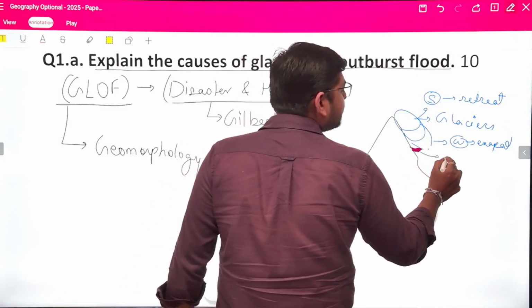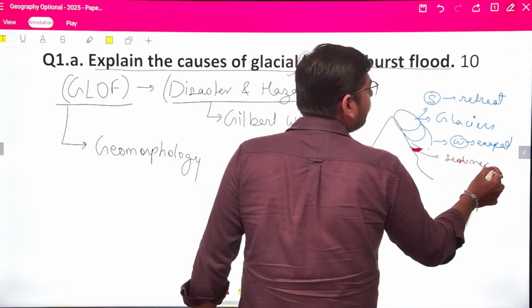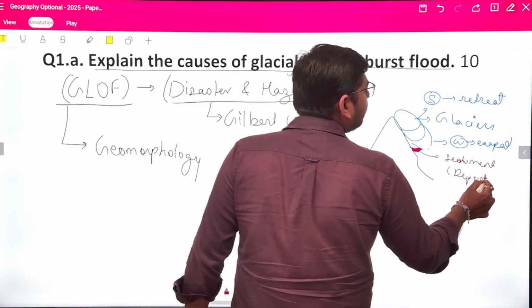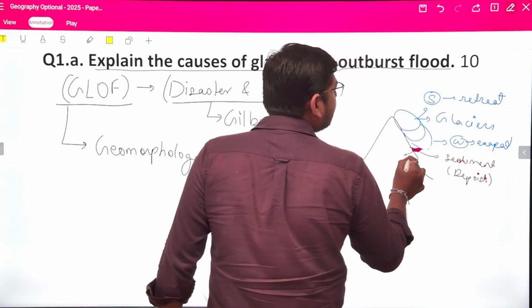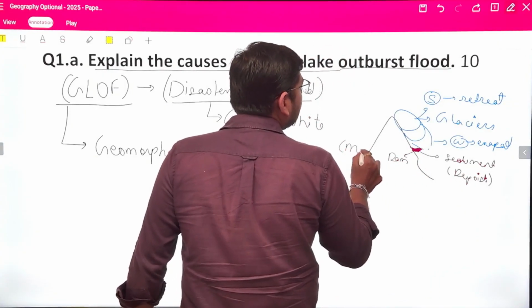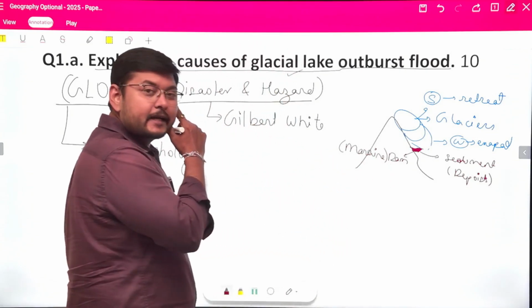This accumulation of sediment, which gets deposited here, acts as a form of dam, which we also call a moraine dam.